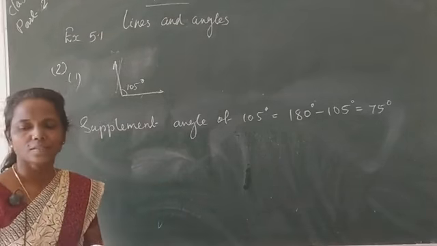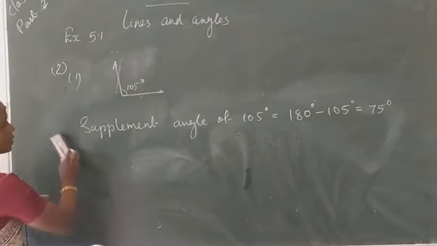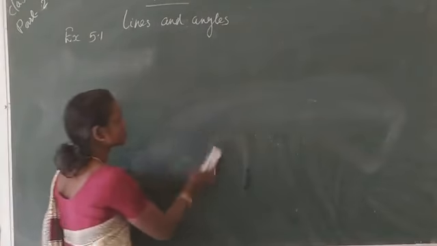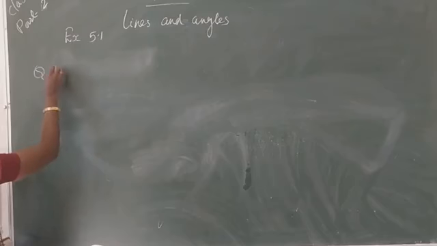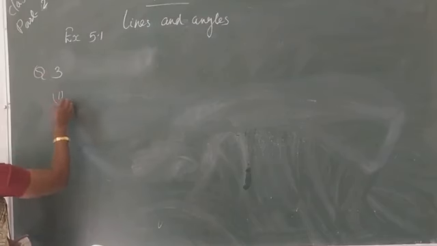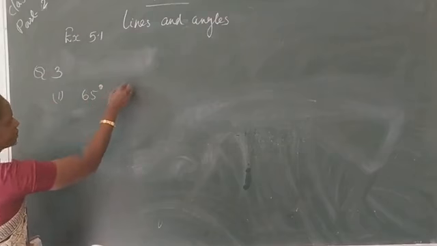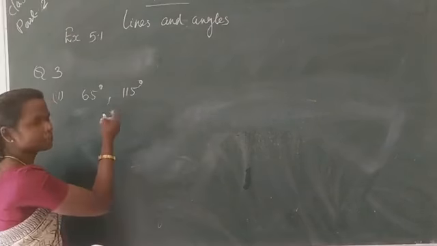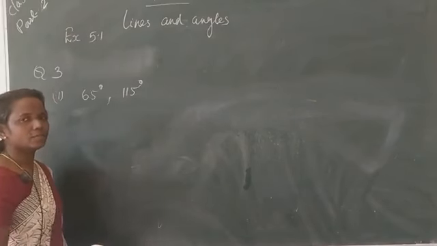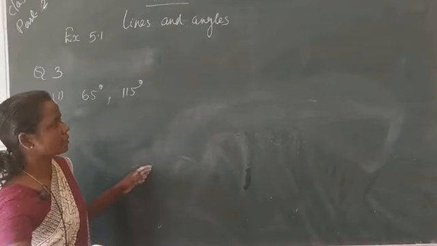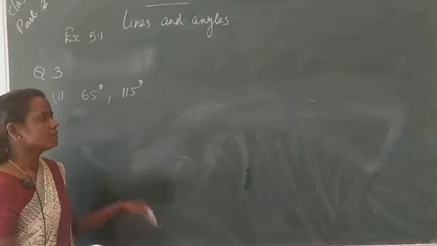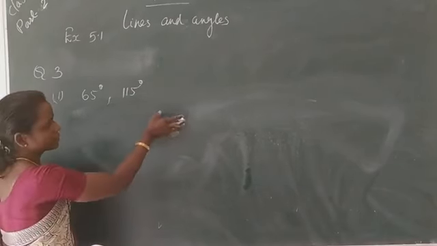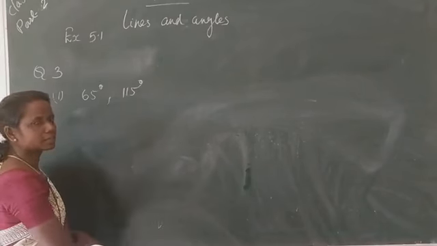First, 65 degrees and 150 degrees. Two angles are given. Are they complementary or supplementary? We know that if the sum of two angles is 90 degrees, the angles are complementary, and if the sum is 180 degrees, the angles are supplementary.